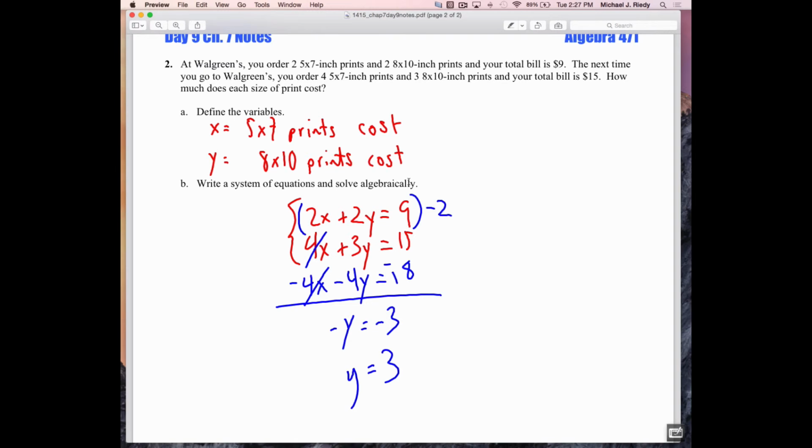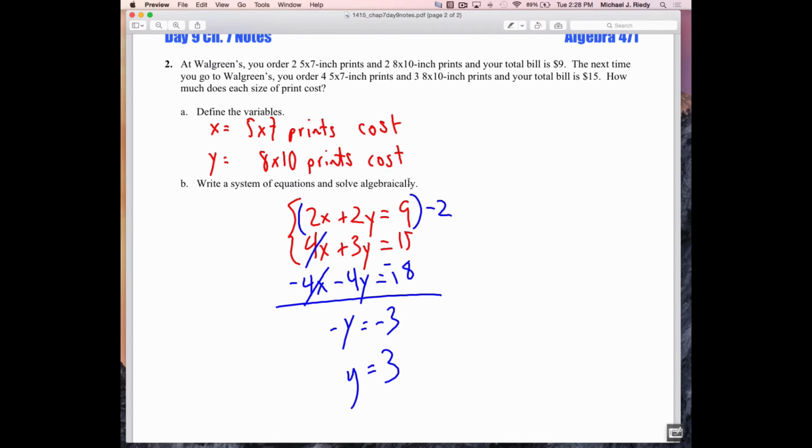But it doesn't equal 9. Correct. In this particular problem, decimals are okay because we're talking about costs. But there is a range of possible choices. You can't have a negative answer. You can't have a big honking number like a gabillion because those are really expensive prints.